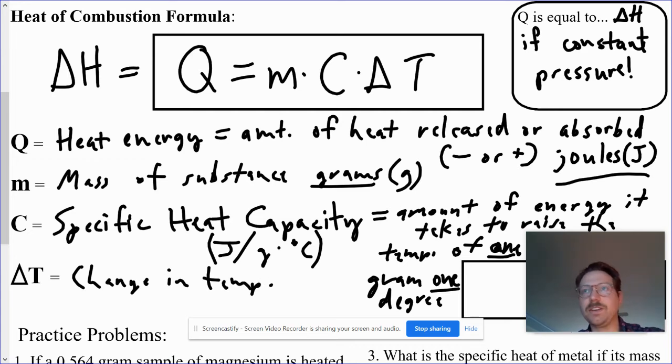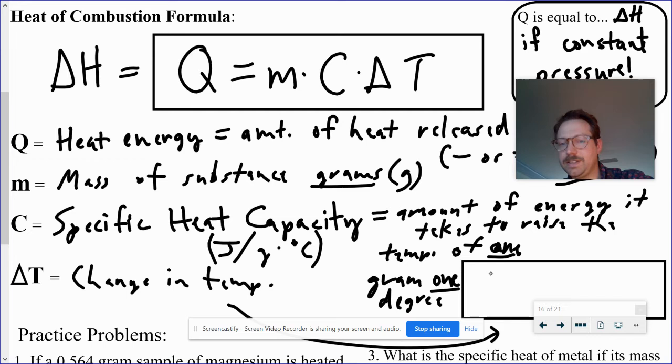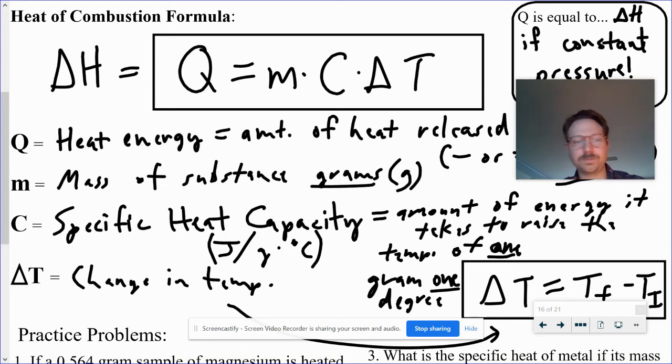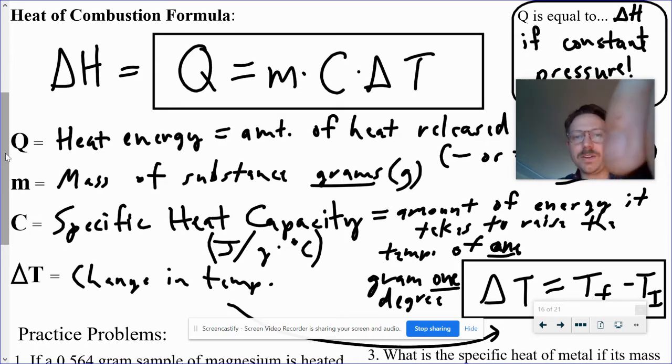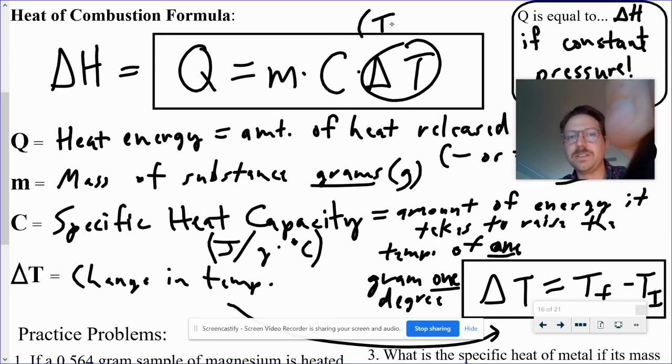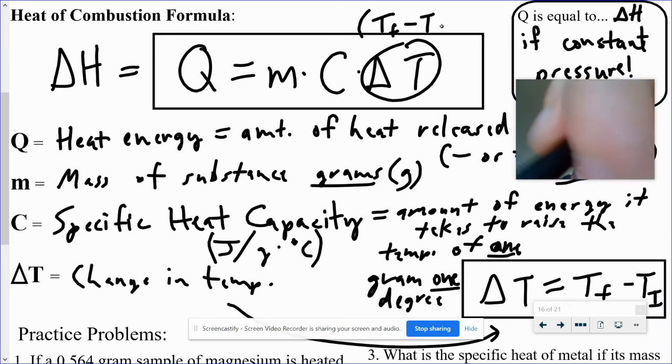And we do this by calculating it with a formula here. And this is the formula. It is delta T equals final temperature minus initial temperature. All right. So sometimes we can write this out. Instead of writing delta T, we can put in place T final minus T initial.